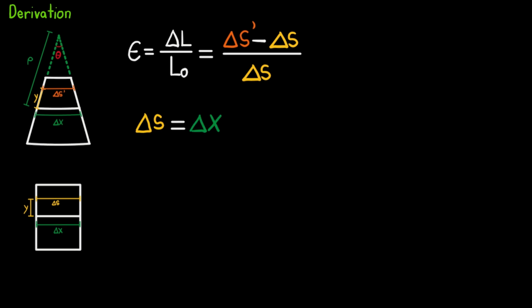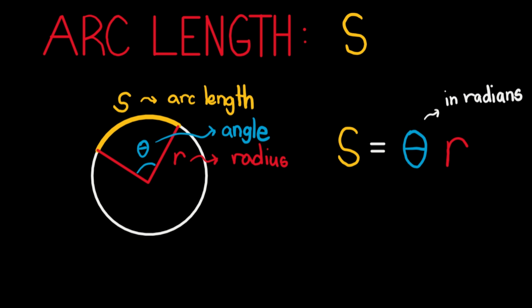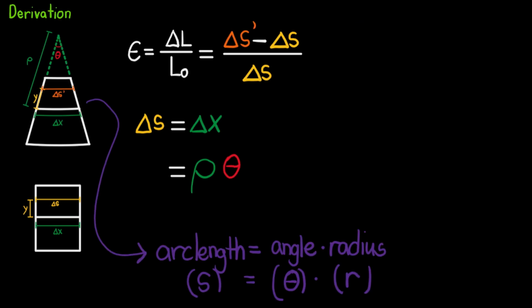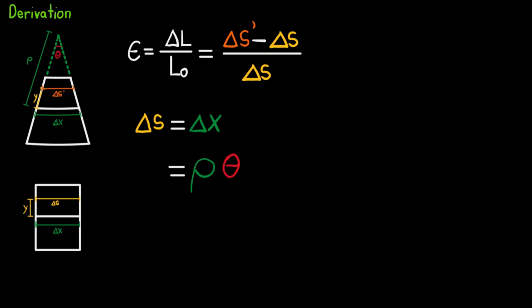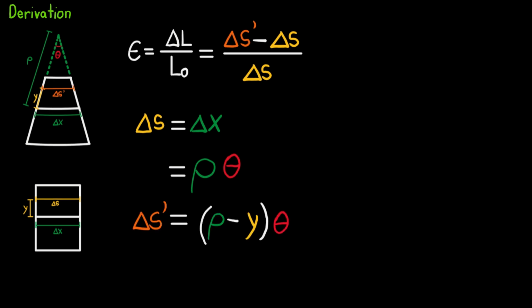We know that before bending an object, delta s is equal to delta x. Since delta x remains the same after bending, we can express delta s as the arc length rho times theta. Recall the arc length formula, that is s is equal to theta times r. Furthermore, delta s prime can also be expressed as an arc length, but this time (rho minus y) times theta.